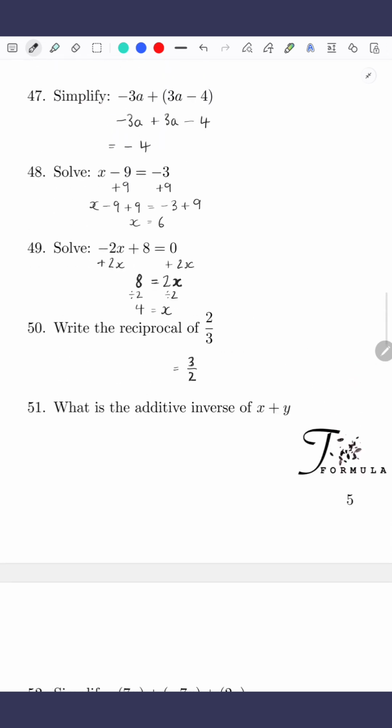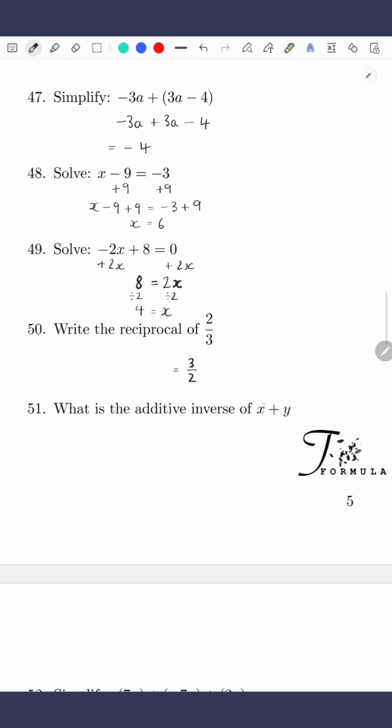And now, lastly, what is the additive inverse of x plus y? Well, there's a couple of ways of looking at this. As I've just done automatically, I've kind of put it in a bracket. So technically, I could write minus x plus y and then put a bracket around the outside, because it's the whole thing, right? What's the additive inverse of that? And this is perfectly fine.